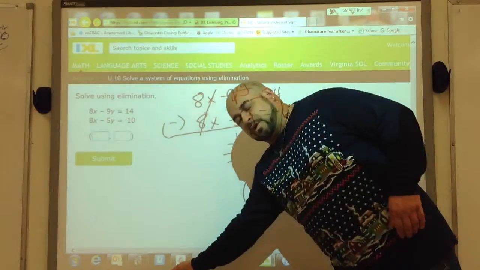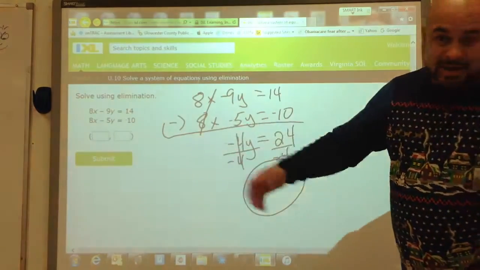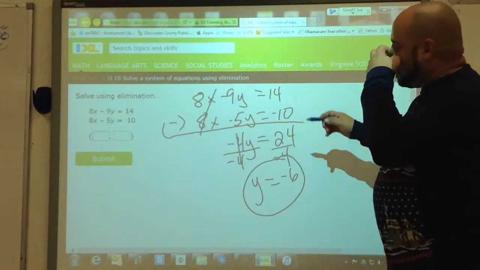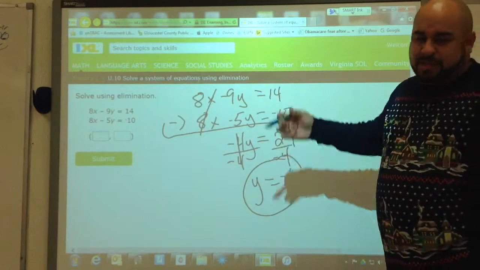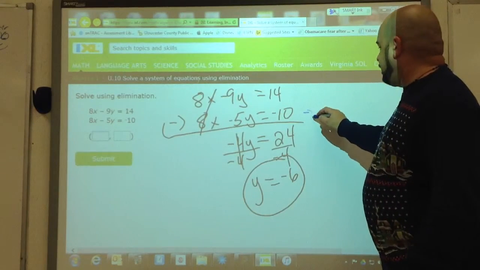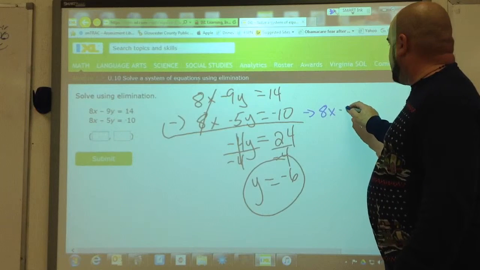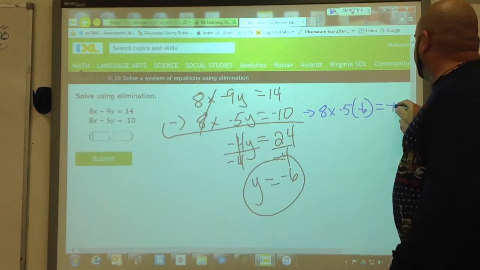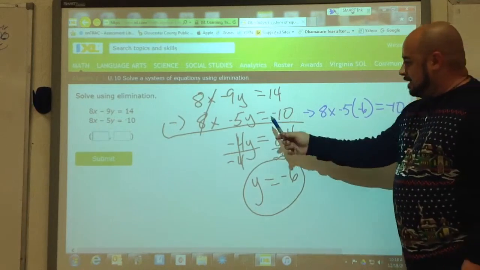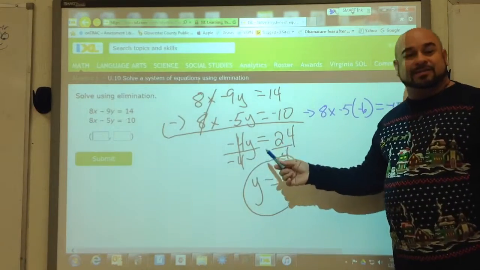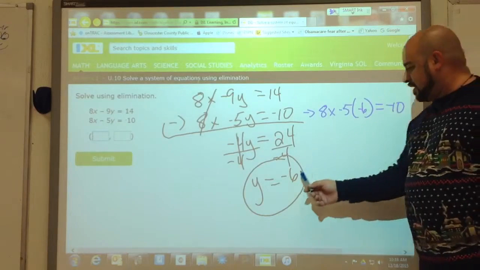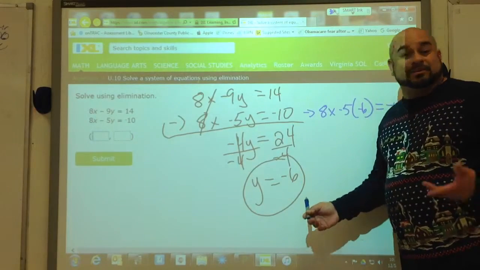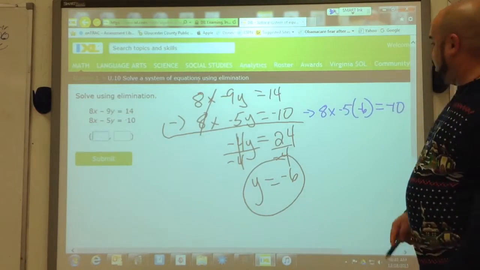So now that I know what y is, let's find out what x is. So I'm going to pick the bottom one, just because. So I have 8x minus 5 times negative 6 equals negative 10. Again, I took the y here and I substituted it with negative 6 because now that I know what y is, I can do that. Let's find out what x is.